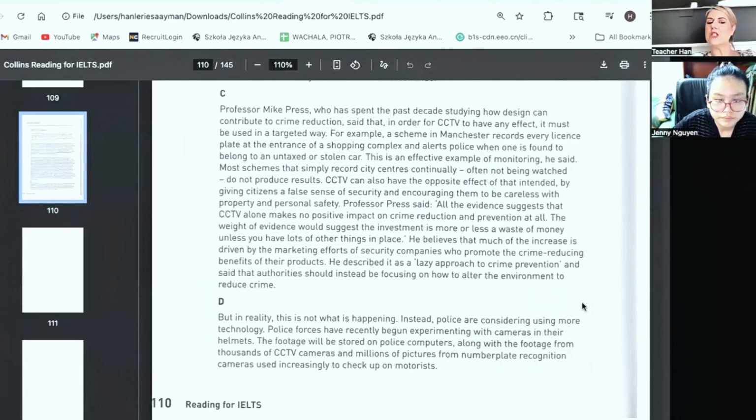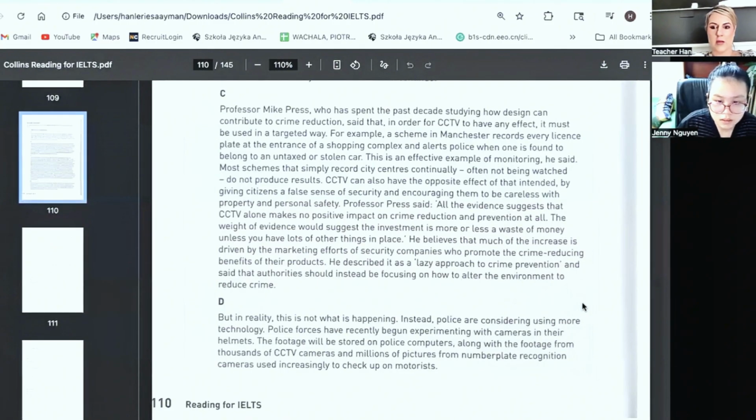Okay, so what is passage C about? They are still talking about the CCTV effect, and it must be used in a targeted way, like a system that records every license plate and alerts when one is found to belong to an untaxed or stolen car. It can be monitoring.